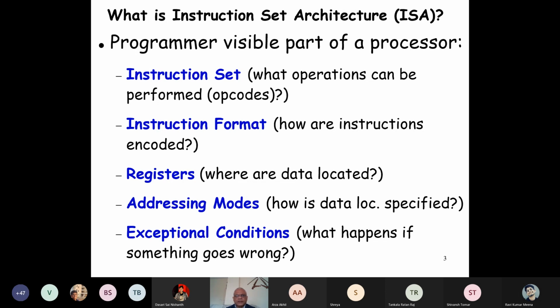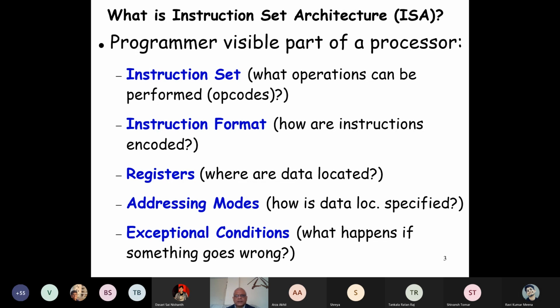A very broad answer is it's the programmer visible part of a processor. The aspects of a processor which the programmer needs to know. Assembly programmer, not the high-level programmer. It is the assembly programmer visible part of a processor.